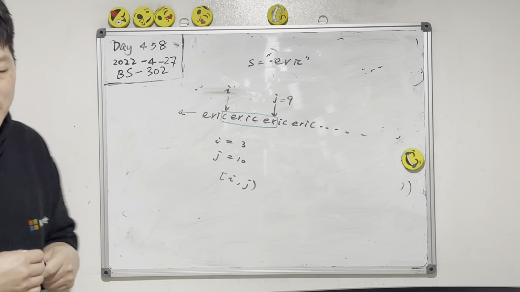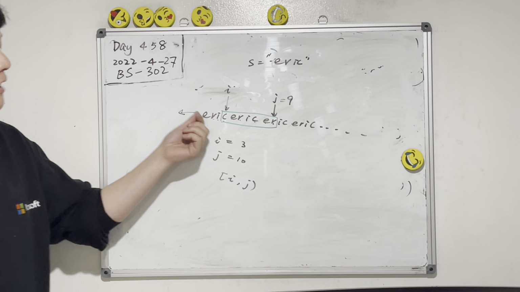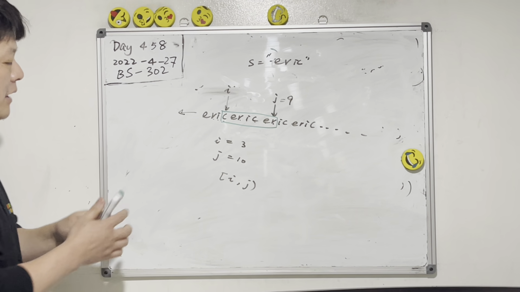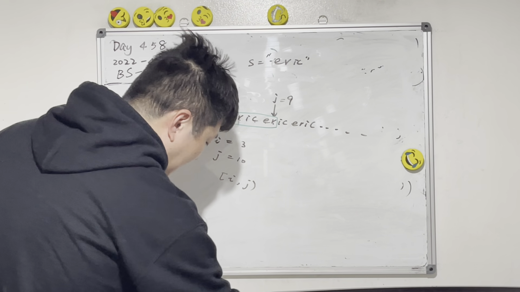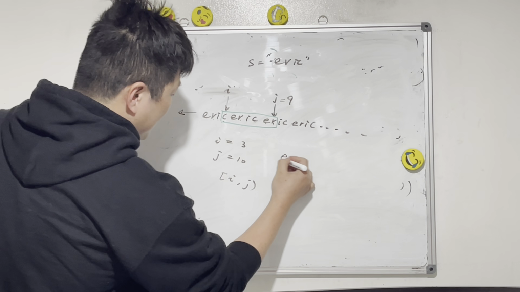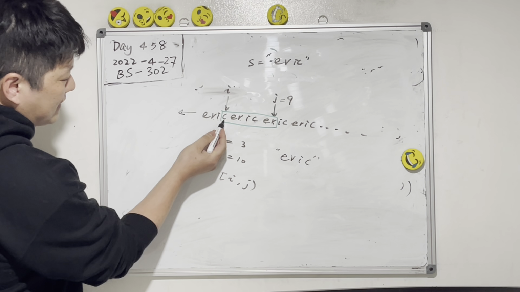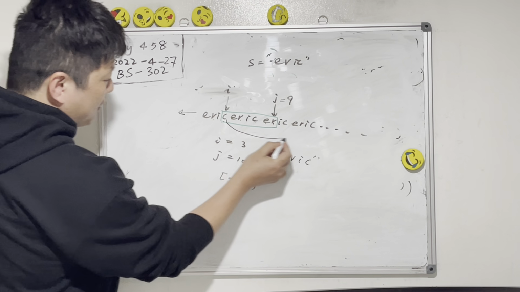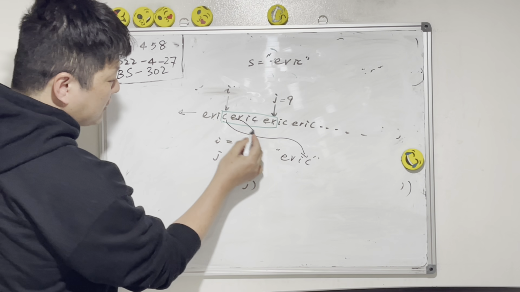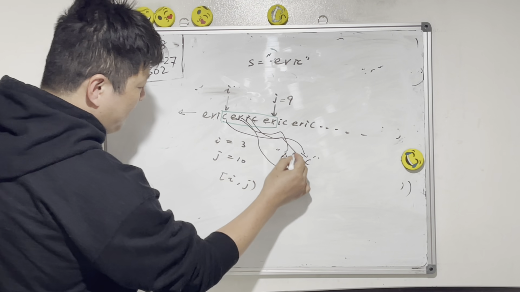So we need to do some math, right? So we can go through this index. But the key thing today is how do we map the index to the original index? All we have is ERIC. So if I'm saying ERIC, C needs to map to this one, E needs to map to this character, R. You see where I'm going?